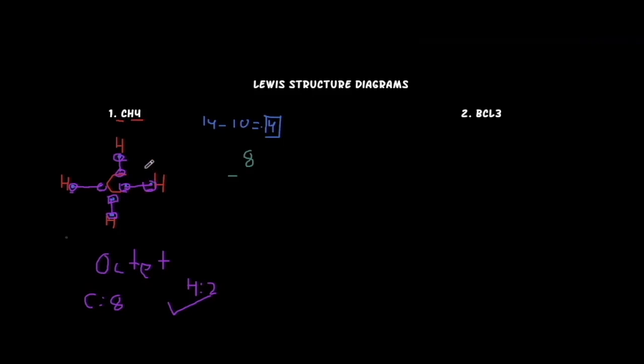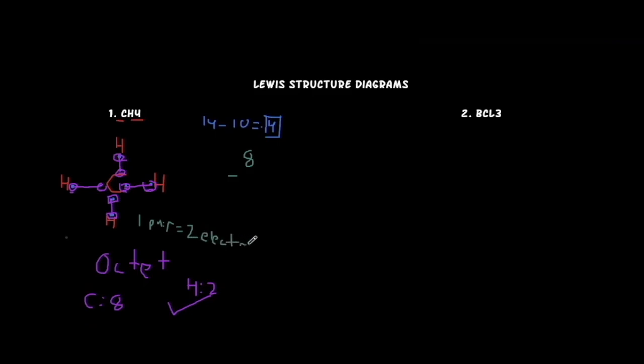So we have 4 pairs here, which you then have to multiply by the total number of electrons being shared in those pairs. So in one pair equals 2 electrons.